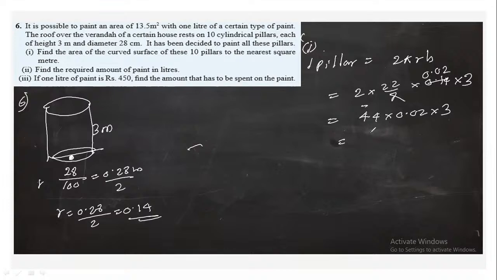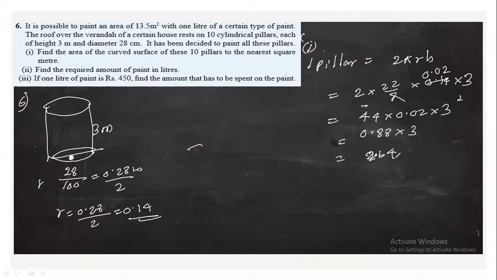Then here 44 into 2, that is 88. It means 2 decimal places, when kept, 0.88 into 3. 3 times 8, 24, 2 remaining. 3 times 8, 24 and 2, 26. It's 2.64.